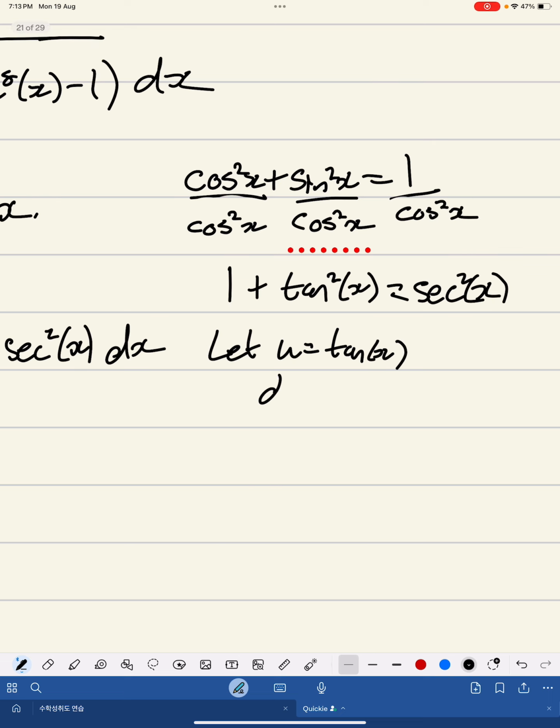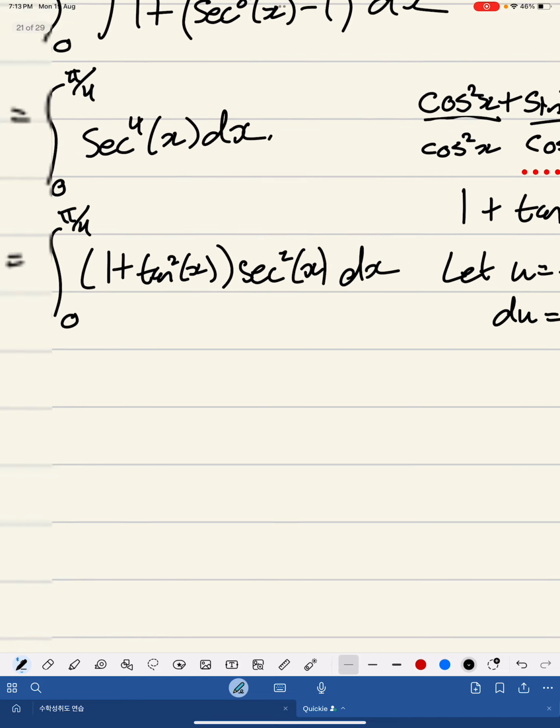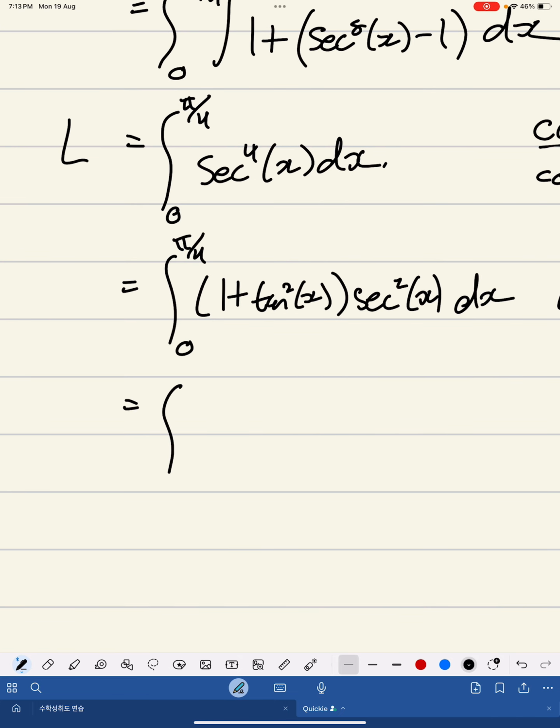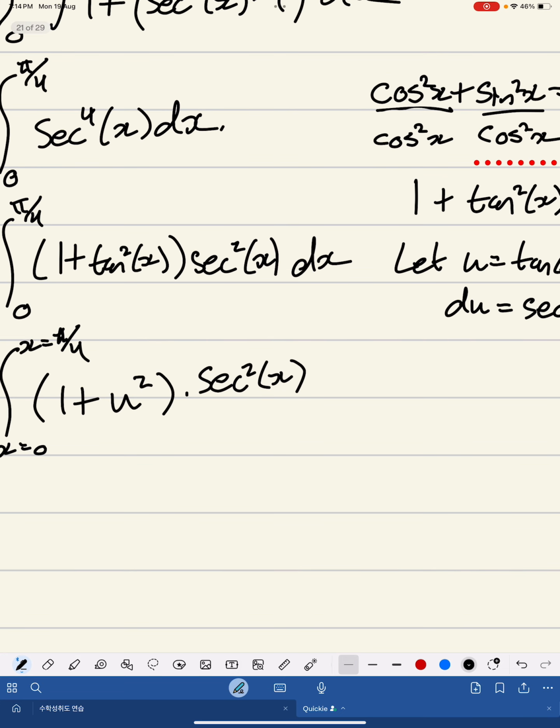Then we get du equals sec squared of x dx. So we get the integral from x equals 0 to x equals pi over 4 of 1 plus u squared times sec squared of x dx, which is just du divided by sec squared of x.